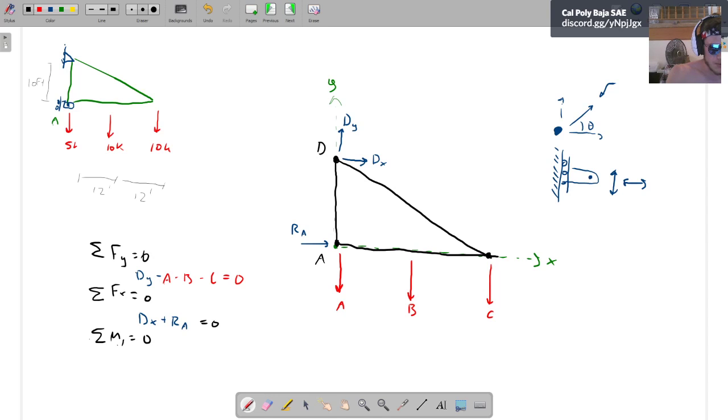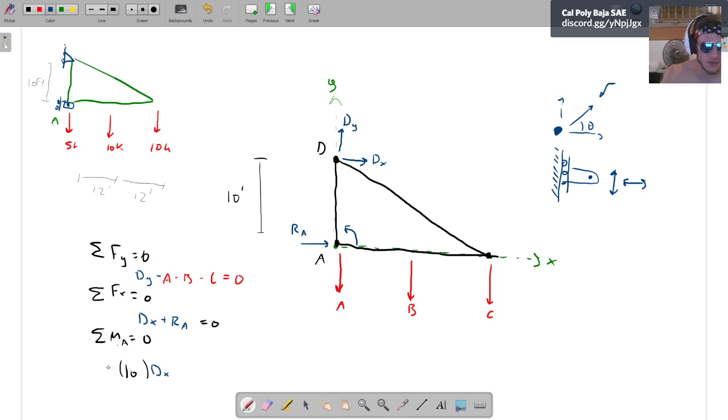So we'll say sum of the moments about point A, and this should make it real easy. I know that this is 10 feet away, so this would be 10 feet times Dx, 10 times Dx. I'm going to assume that counterclockwise is a positive moment.